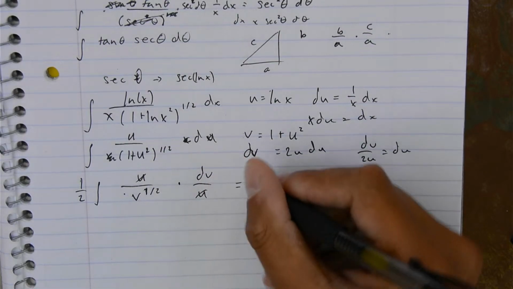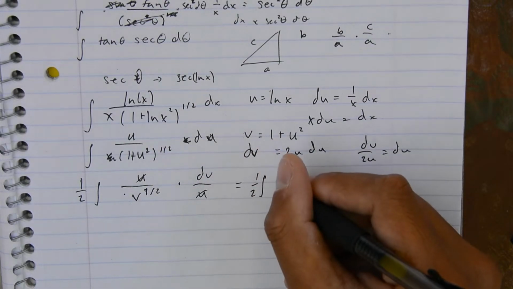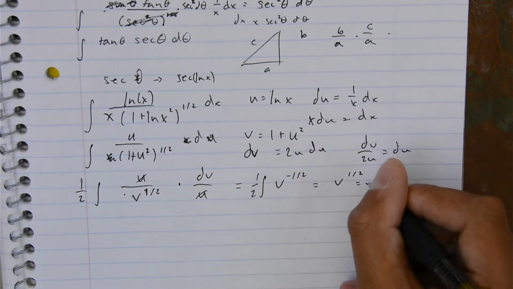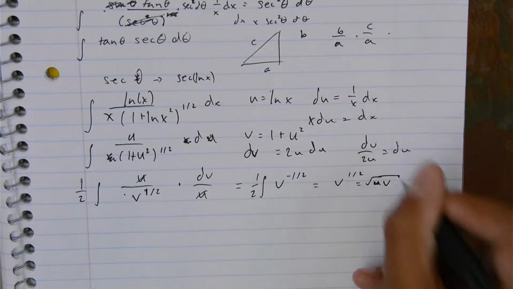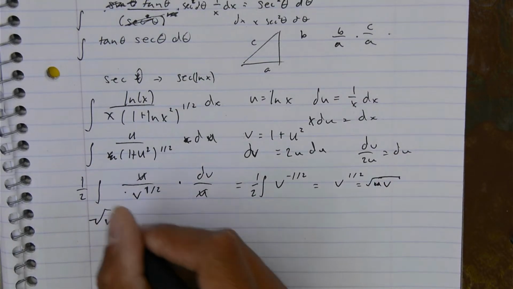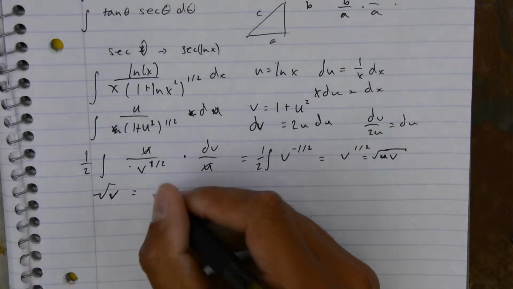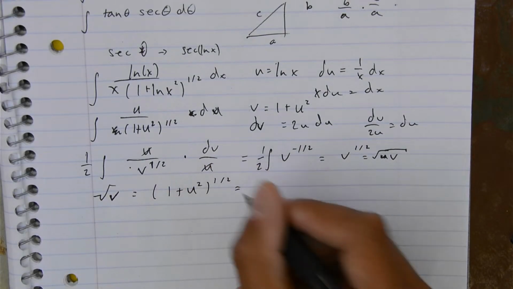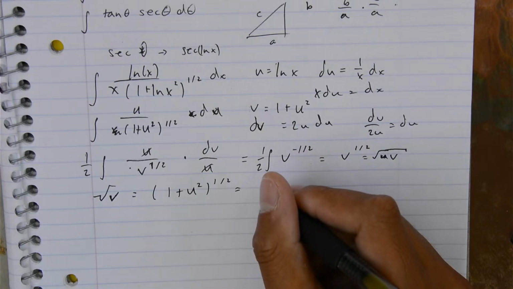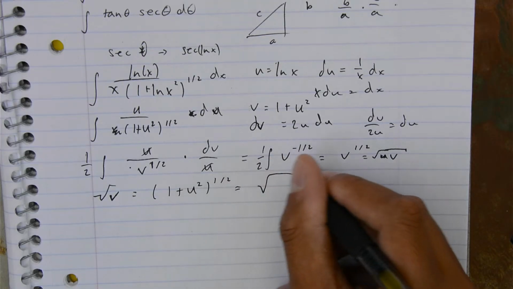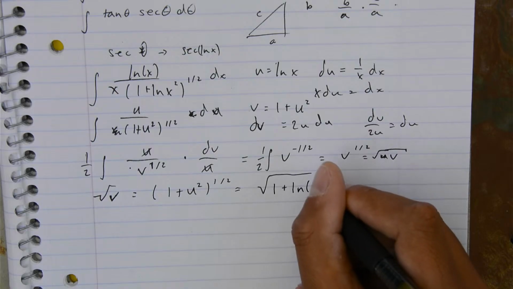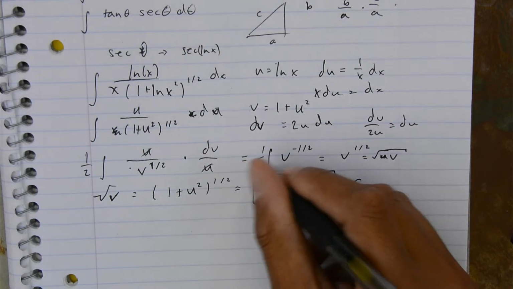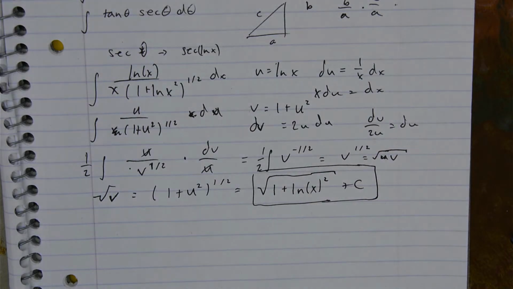Now we're just left with 1/2 of the integral of v to the minus 1/2, which is equal to v to the 1/2, which is equal to square root v. Square root v is equal to 1 plus u squared to the 1/2, which is equal to square root of 1 plus ln x squared, and that's our plus c.